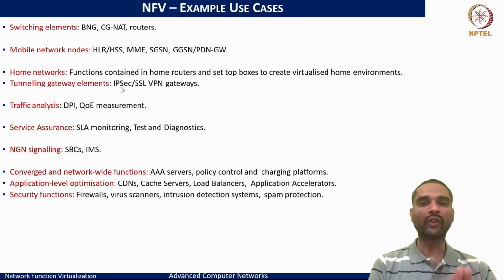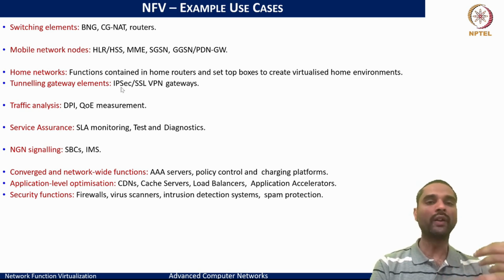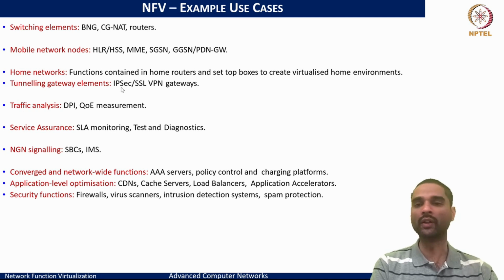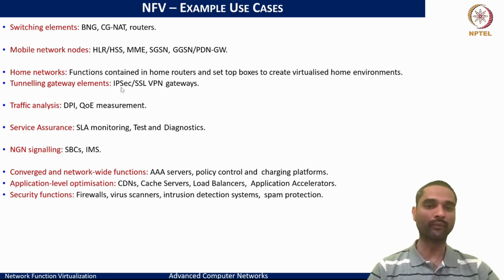Hence, we can see that NFV can be applied for the ISP networks, for the telecommunication networks, including the home networks, where the ISPs can run specific functions. Whatever the gateway devices that we would use to hook to the internet can now be seen as virtualized instances that can provide numerous home services for home environments.